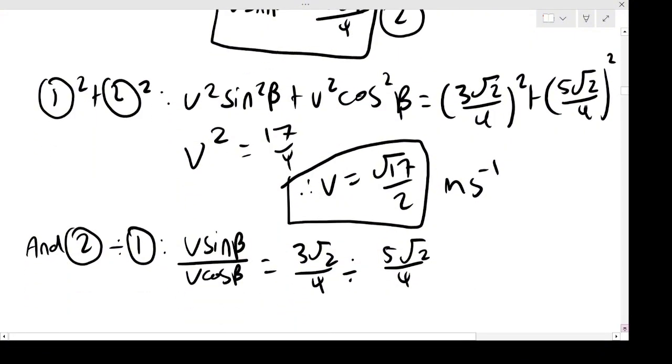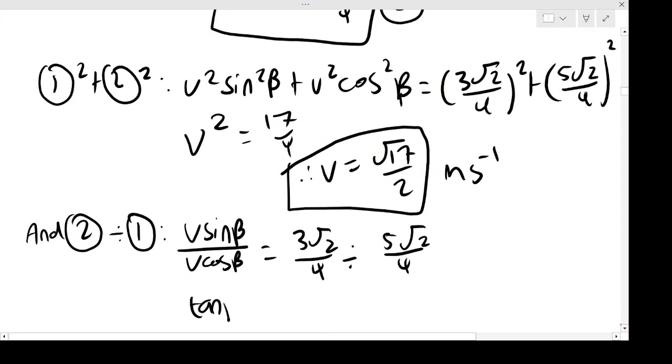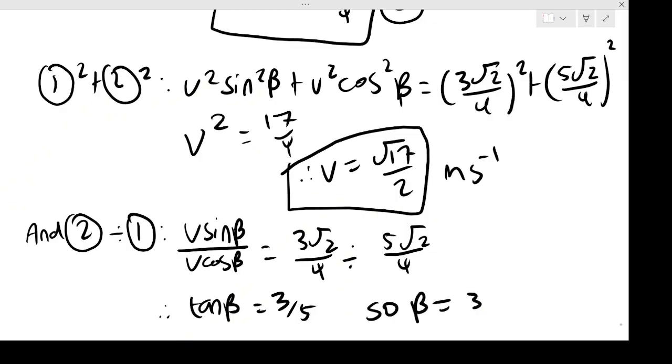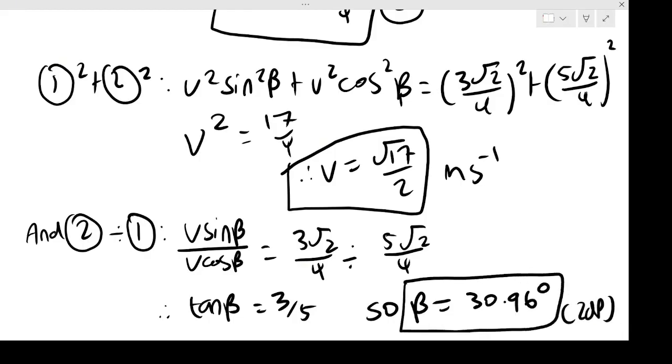So that will go to tan beta equals 3 over 5. That means beta, do inverse tan of that, will be 30.96 degrees. And that's my angle there. Okay, so there we are.